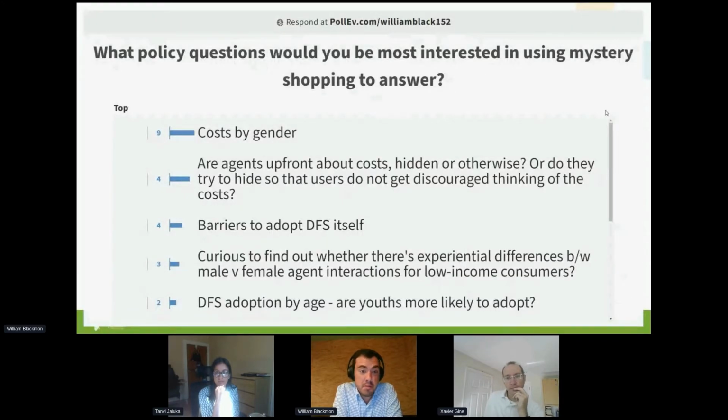It could be, in fact, that for whatever reason, men are experiencing worse overcharging than women, but it could also be a reporting issue, where either women are just using digital financial services less, and so they're less likely to experience this overcharging, or they are not aware of the overcharging, or they don't really have the agency to feel like it's worthwhile to report to our own enumerators that overcharging is significant.